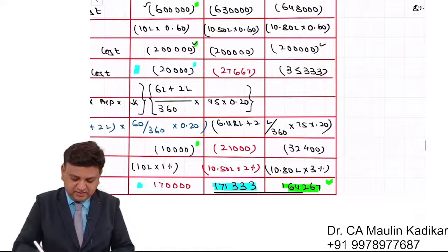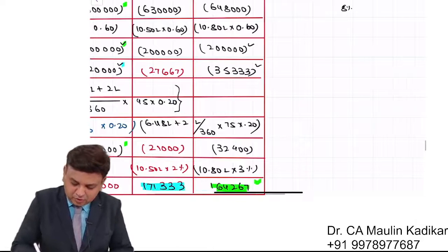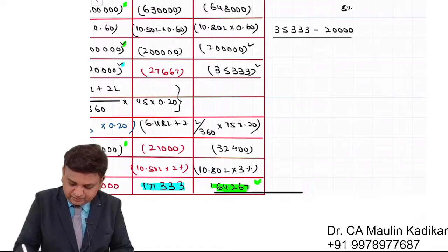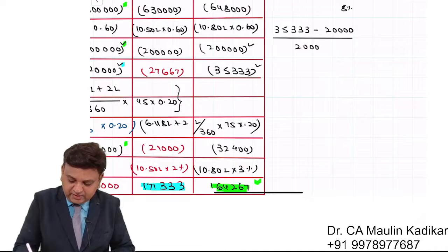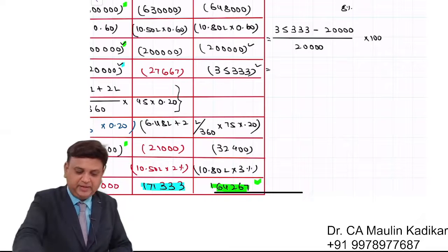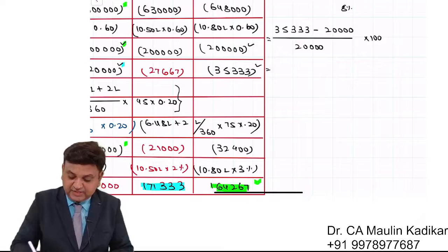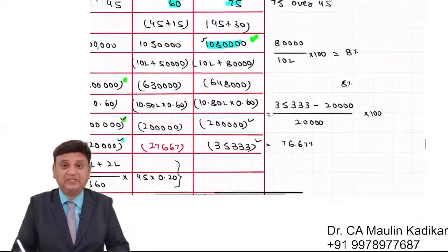However, you can see that the carrying cost increases to 35,333 from 20,000. So it increases by 15,333 over 20,000. So it increases by 76.67%. That is the rate at which it increases.